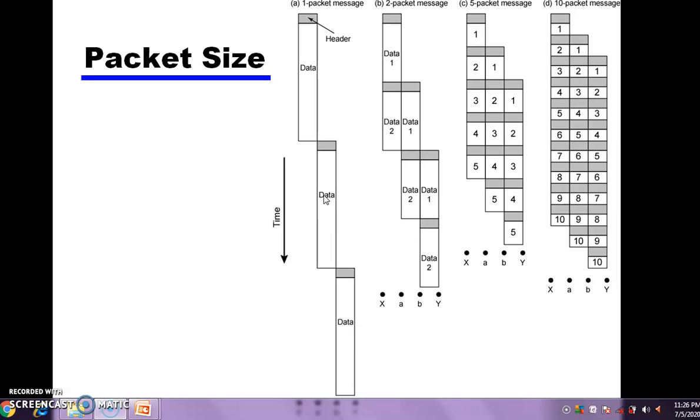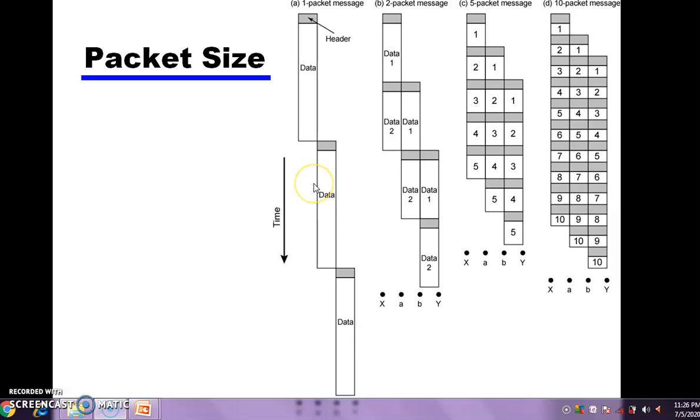If the entire message is sent as a single packet of 43 octets, then the packet is first transmitted from station X to node A. When the entire packet is received, it can be transmitted from A to B. When the entire packet is received at node B, it is then transferred to station Y. Suppose that now we break the message into 2 packets, each containing 20 octets of message and of course 3 octets of header or control information.